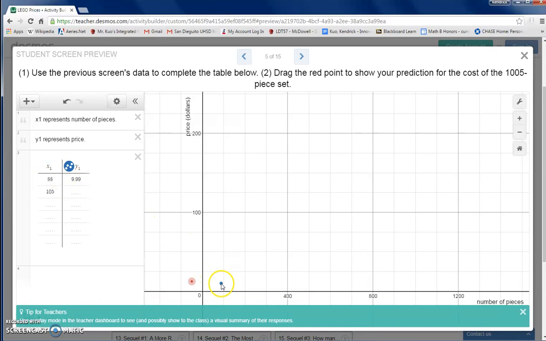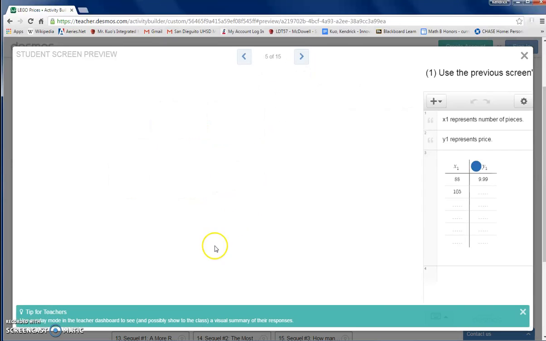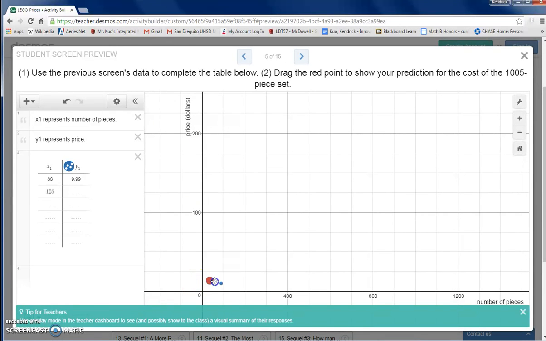So if I go to 88, 9.99 is already plotted, I will take the second point and I will plot the 105. Now, in case you didn't write this down, you might want to go back and look at what 105 was. 105 pieces cost $12.99. So I'm going to go ahead and go here, take my piece, and 105 seems to be about right here. And the price, again, it's going to be $12.99, right?